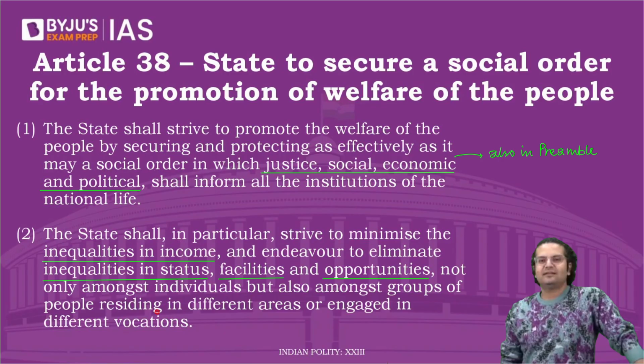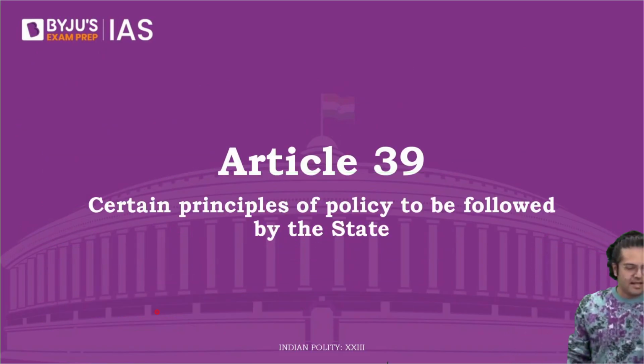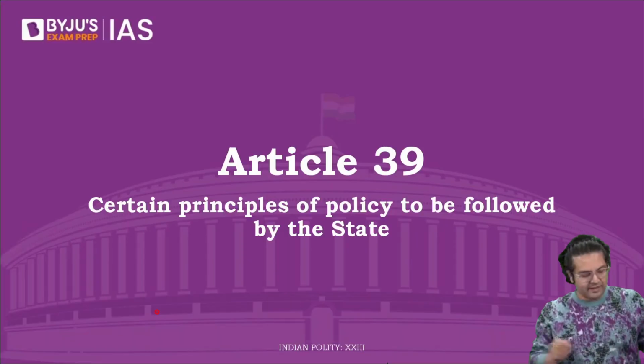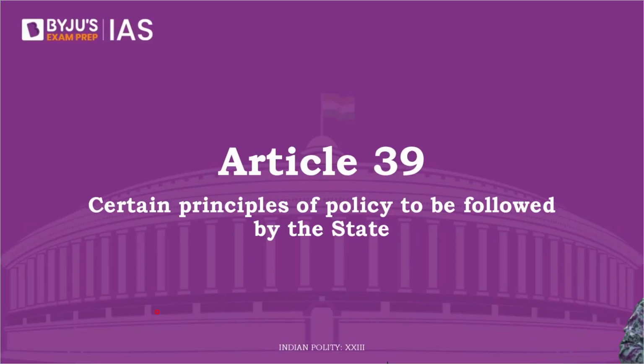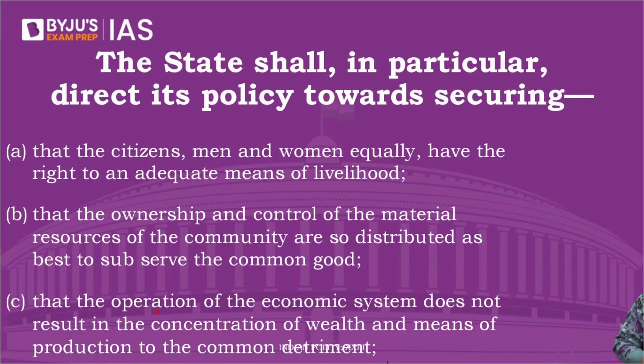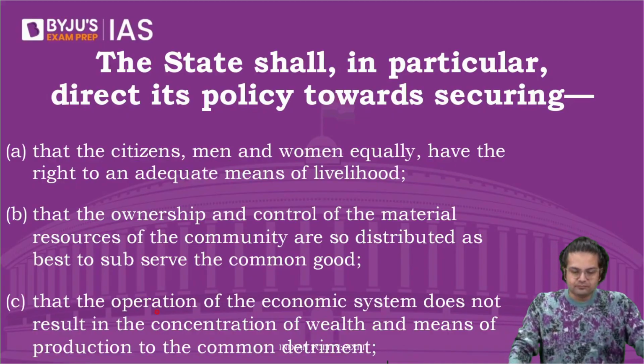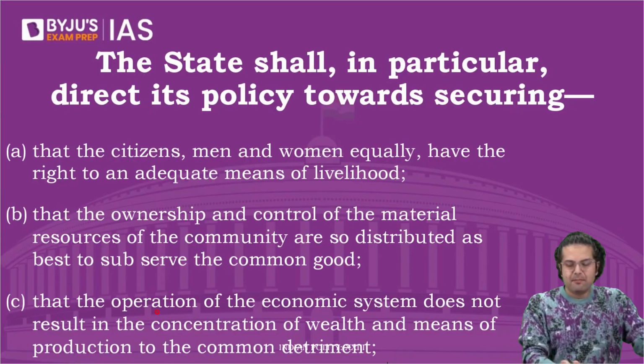Now Article 39. Article 39: certain principles of policy to be followed by the state. The state shall, in particular, direct its policy towards securing that the citizens, men and women, equally have the right to adequate means of livelihood.